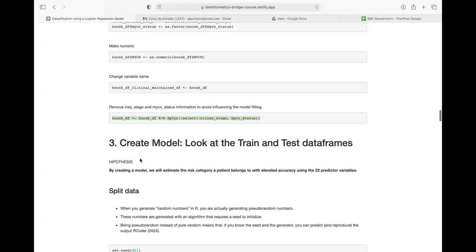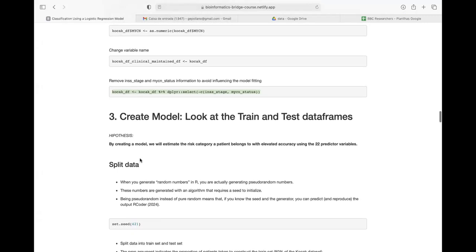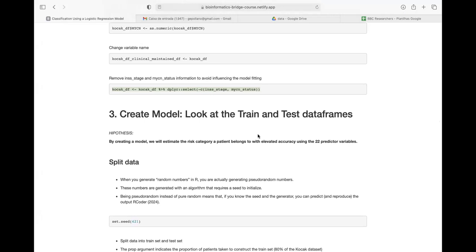So now let's go ahead and start doing that by creating the model. And here, remember that Anna said in the last lecture that we need to separate two groups. One to be the train set and one to be the test set. I am calling them the train data frame and the test data frame.